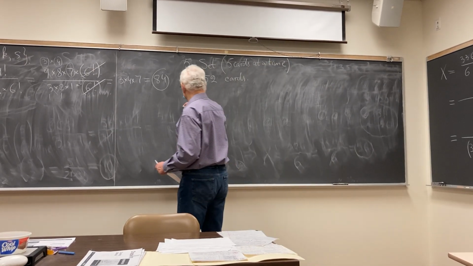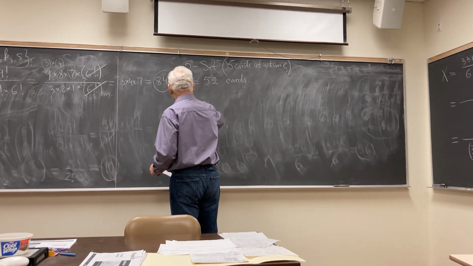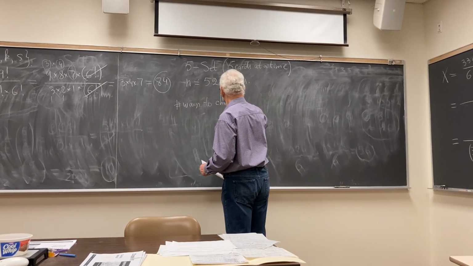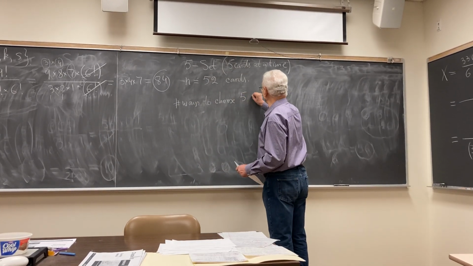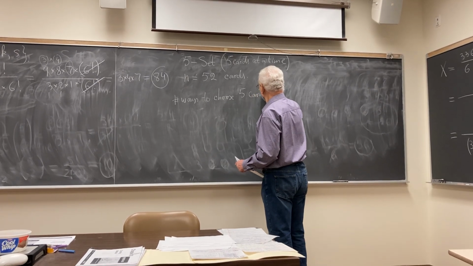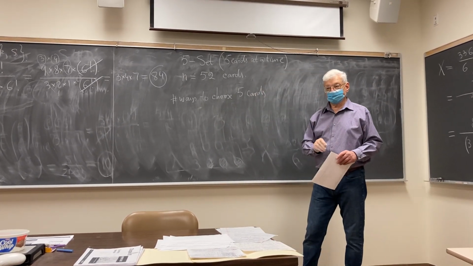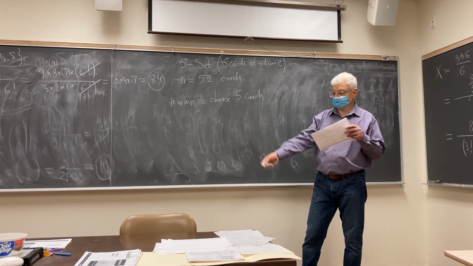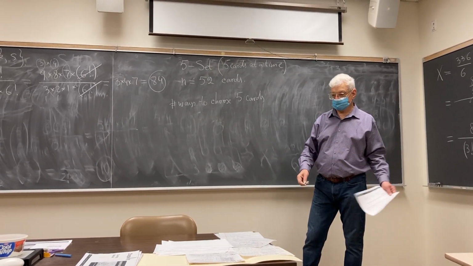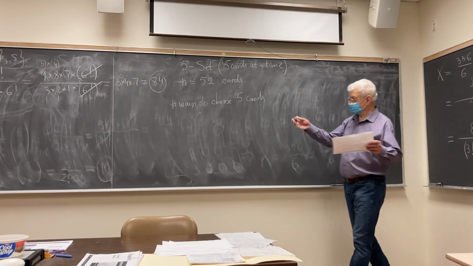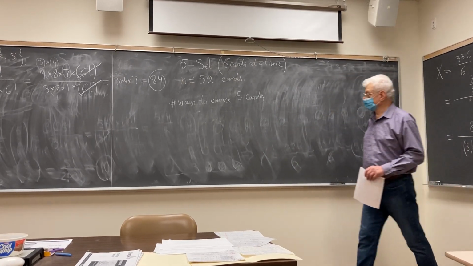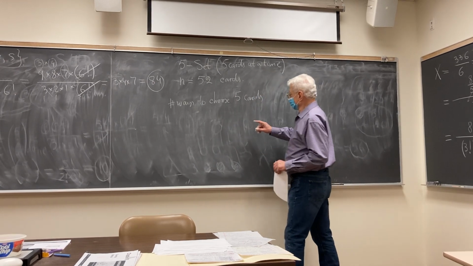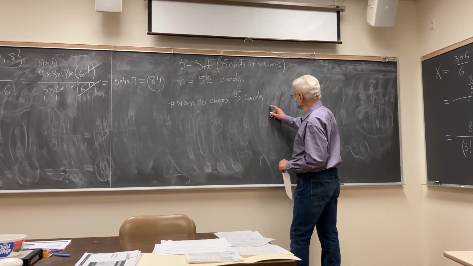So the answer is the number of ways to choose 5 cards. It's important that all the cards are different. You can distinguish the 8 from the ace and the king from the queen, so all of them are different.